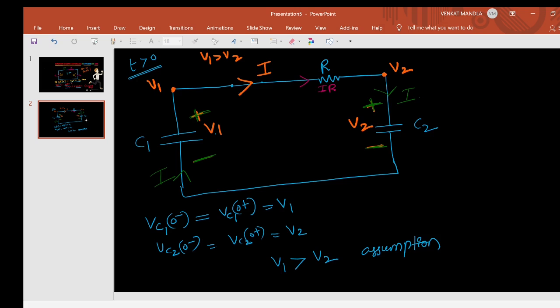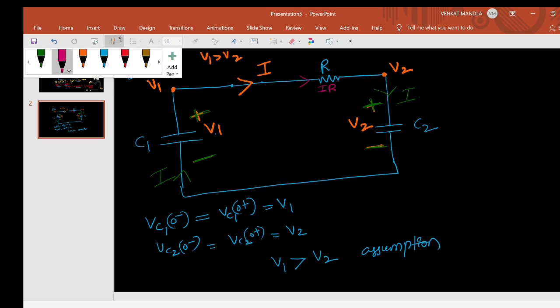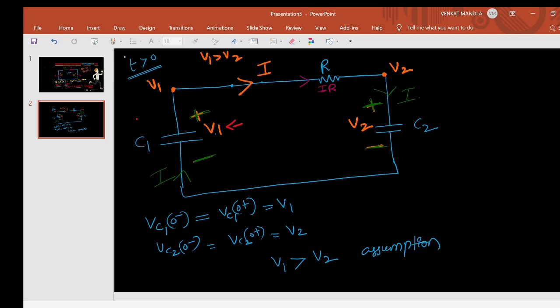So this current flows until the C2 capacitor charges up to the point where these two voltages become equal. Here it has V1 at t equal to 0 plus, and this is V2.